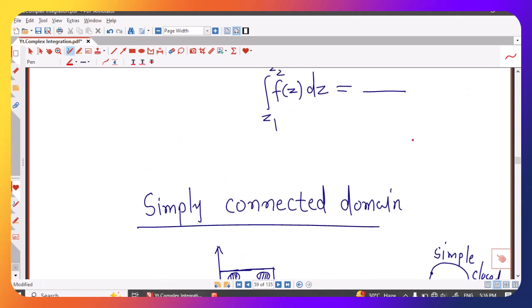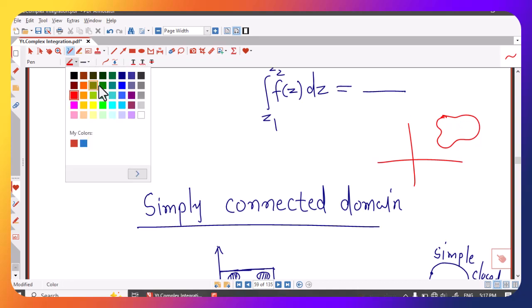Any domain is simply connected if we take any simple closed contour in that domain, then that simple closed contour contains only points of that domain. We can have another example also. This is another example of a simply connected domain.